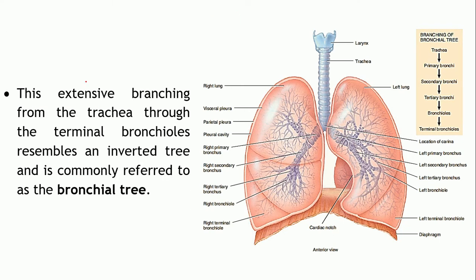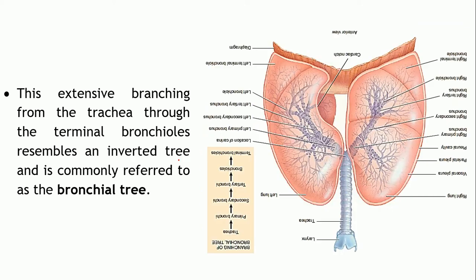This extensive branching, which starts from the trachea up to the terminal bronchioles, resembles an inverted tree. As you can see, if I invert that image, it looks like a tree, correct. Here the branching has occurred just like a tree.